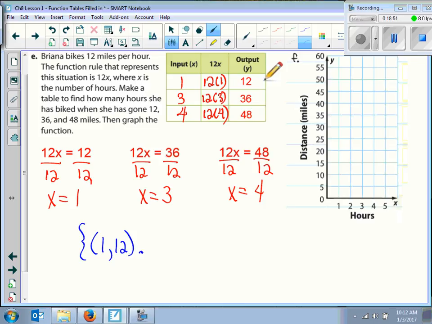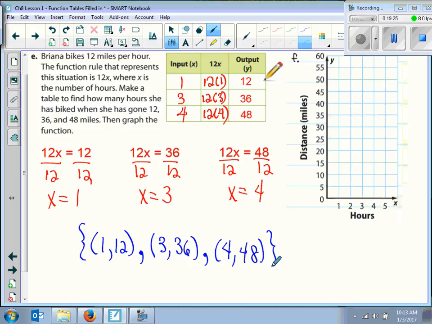Comma. What's my second ordered pair going to be? 3 comma 36. Very good. So here's the next one, 3 comma 36. There's my next ordered pair. You should be writing this down. Comma. And what's my last ordered pair? 4 comma 48. 4 comma 48, and then we close brackets.